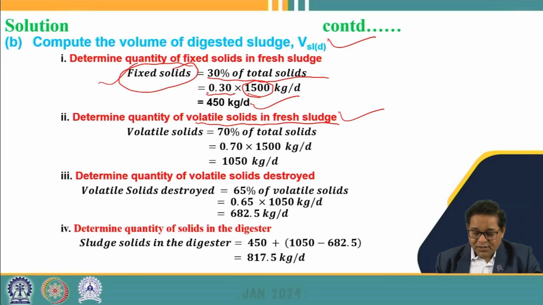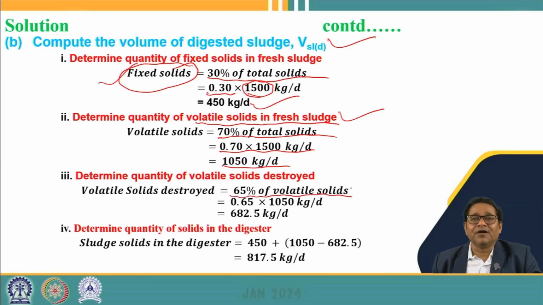To calculate the volatile solids in the fresh sludge, that is 70% of the total solids, so 70% of this gives 1050 kg per day of volatile solids. And further, in the problem, 65% of the volatile solids are digested. So the remaining 35% will remain in the digested sludge.